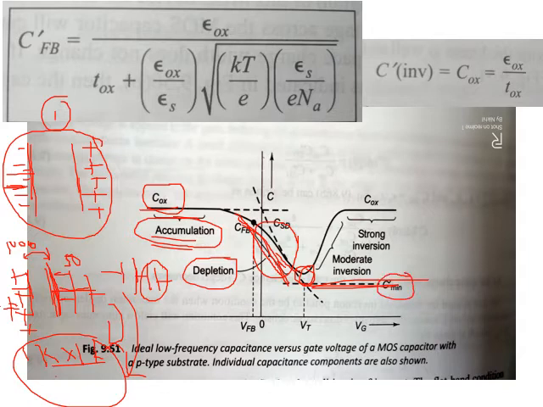Now, just now I told you that this graph depends on frequency. There are two frequencies, high frequency and low frequency. When I give low frequency, there is sufficient time for the electrons to get accumulated on the other side.